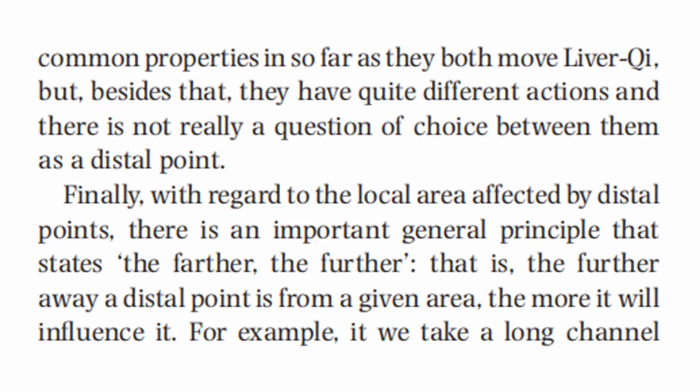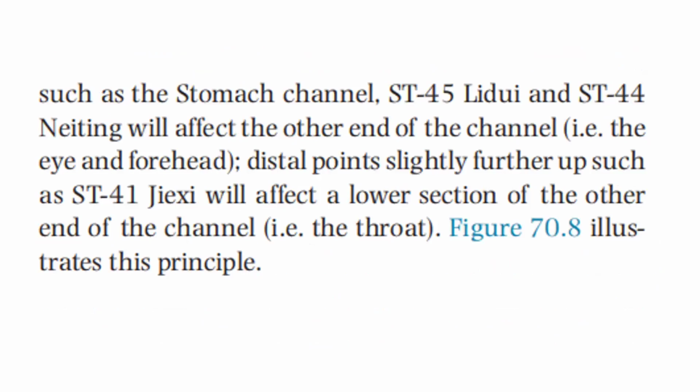the farther away a distal point is from a given area, the more it will influence it. For example, if we take a long channel such as the stomach channel, stomach 45 and stomach 44 will affect the other end of the channel, that is the eye and forehead.